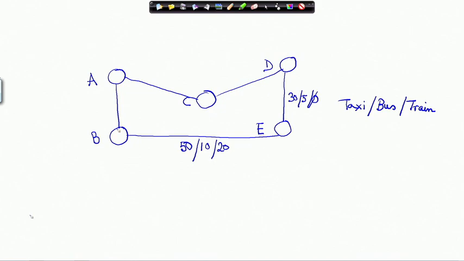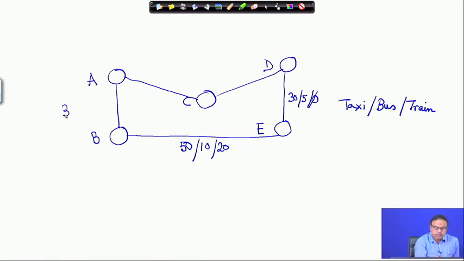So, A to B, suppose I have got a taxi of course 30 rupees, bus maybe in this route it is a little expensive, 7, and there is no train here. A to C I have got 20 rupees by train, 4 rupees by bus and there is no train.